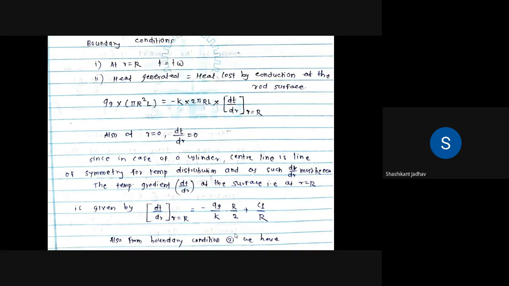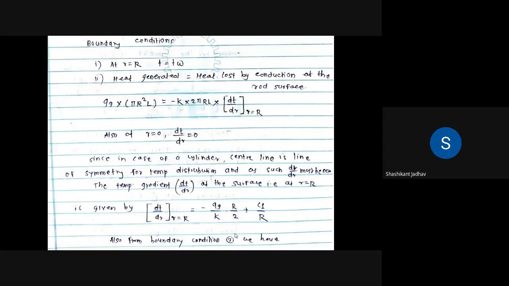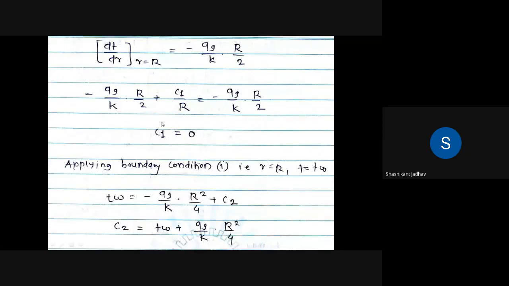The left hand side of both is the same, so we have to equate the right hand side. So write down, also from boundary condition 2 we have, dT by dr at r is equal to capital R. Look at boundary condition 2, that is qg into pi r square L. Here pi r will cancel, then L also cancels, so from that we get the equation as dT by dr at r is equal to R is minus qg by k into r by 2.